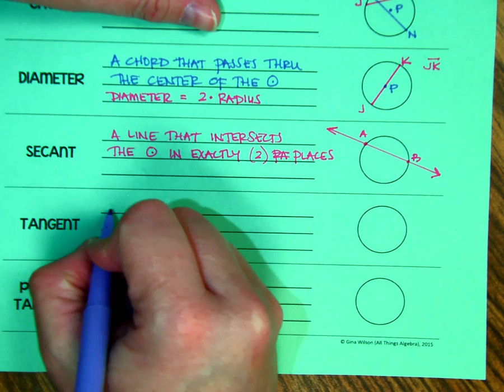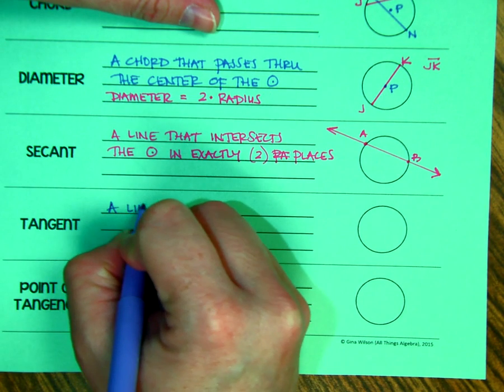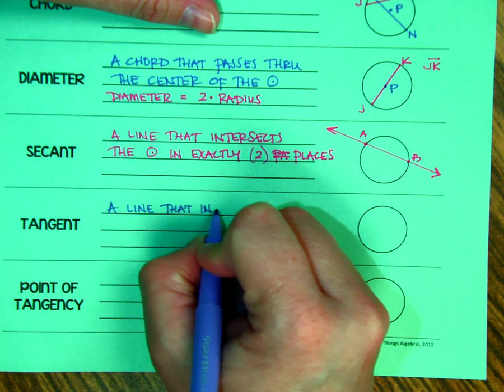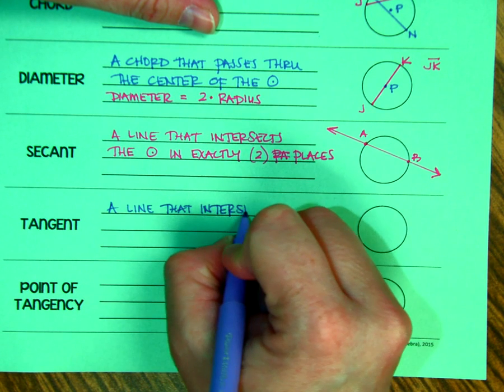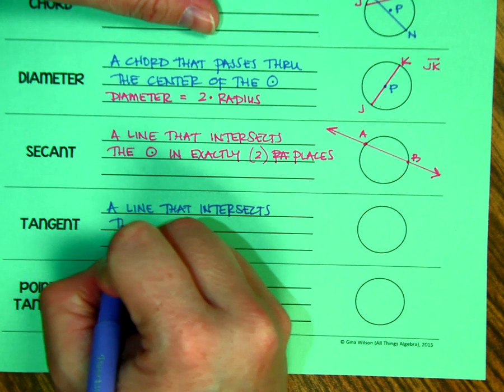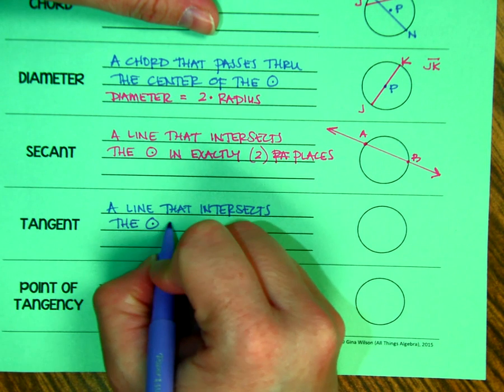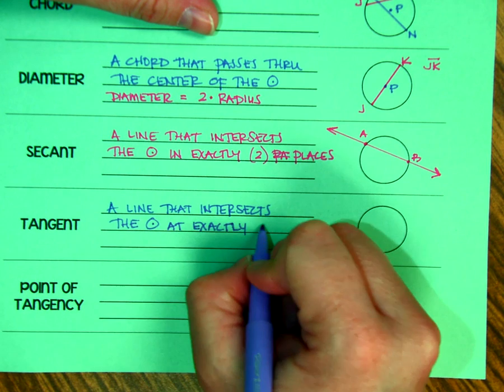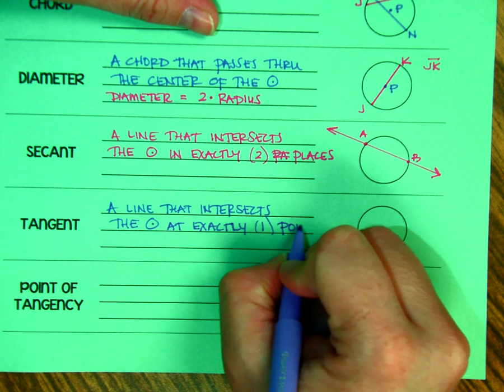A tangent is a line that intersects the circle at exactly 1 point.